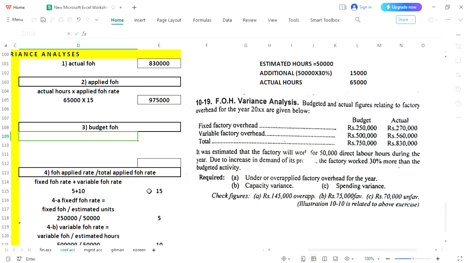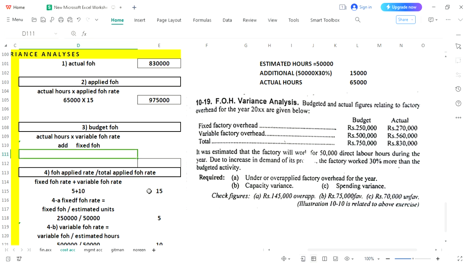Formula for budget FOH is actual hours multiplied by variable FOH rate, and then you will add your fixed FOH. It should be written over here. Okay, now again actual hours we have calculated over here. Estimated hours were 50,000. Additional 30% we have worked. Additional hours were 15,000. Totally we have worked 65,000. So actual hours are 65,000.